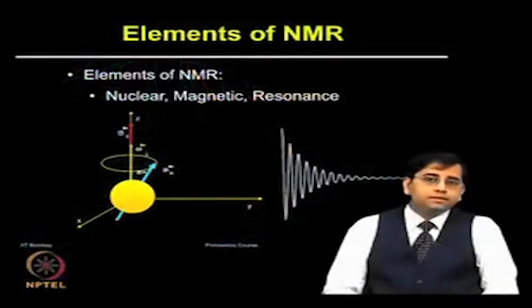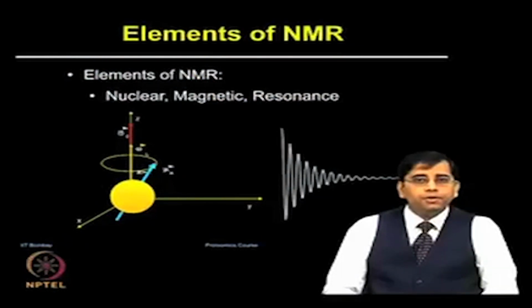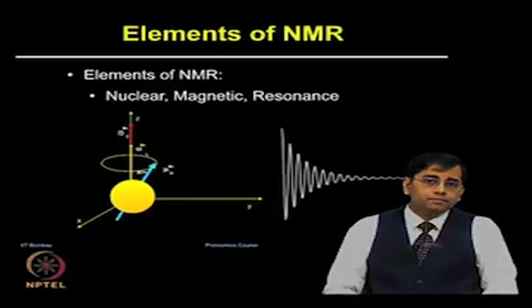As the name suggests, the elements of nuclear magnetic resonance are nuclear, the physical phenomenon which involves the nuclei of atoms; magnetic, the effect in a magnetic field; and resonance, which is absorption of energy at a defined frequency.